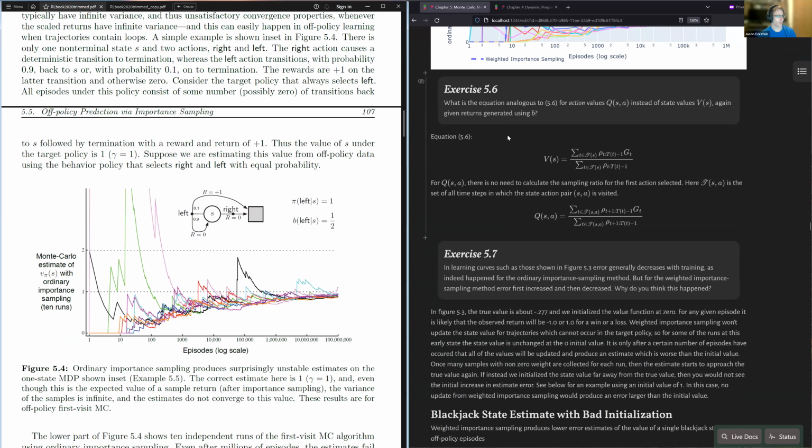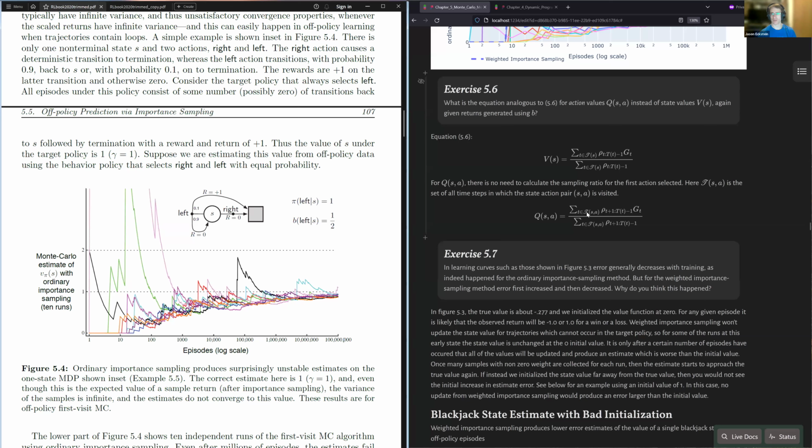Okay. This exercise is just asking how would you do it. Equation 5.6 is the weighted importance sampling equation, and the question is just how would you do it for action values? I don't think there's much to this other than that this represents all of the times that we visit the state of interest.